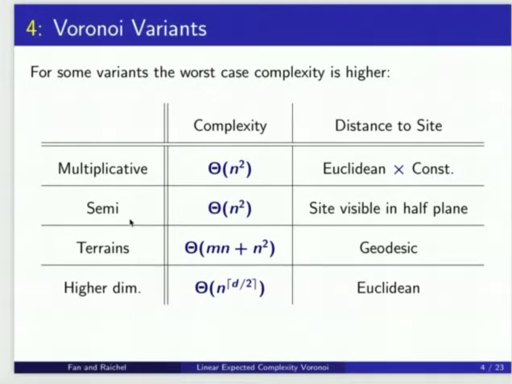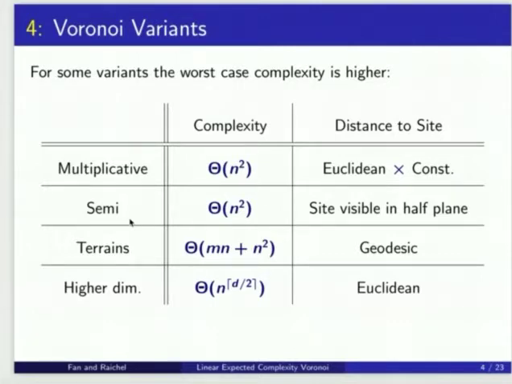However, some variants may have much higher worst-case complexity. For the multiplicative Voronoi diagram, the complexity is quadratic, and the distance to a set is the normal Euclidean distance times a constant weight. For the semi Voronoi diagram, the complexity is also quadratic when each set is visible to some half plane.